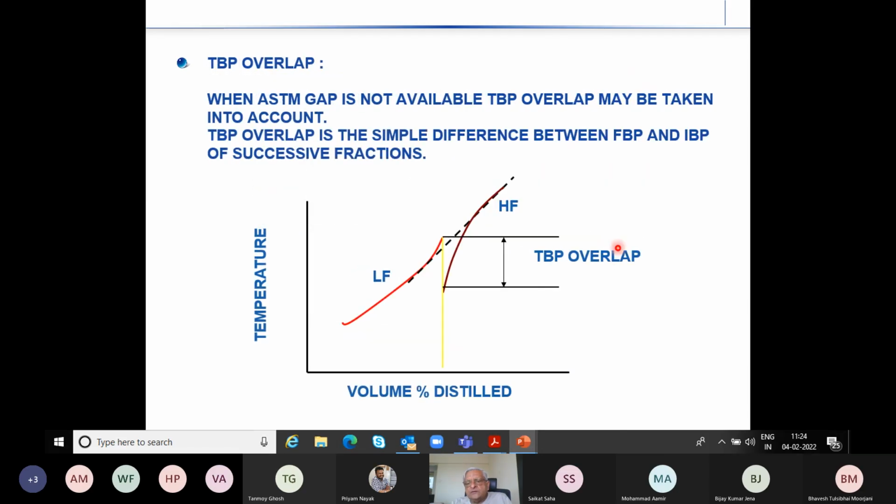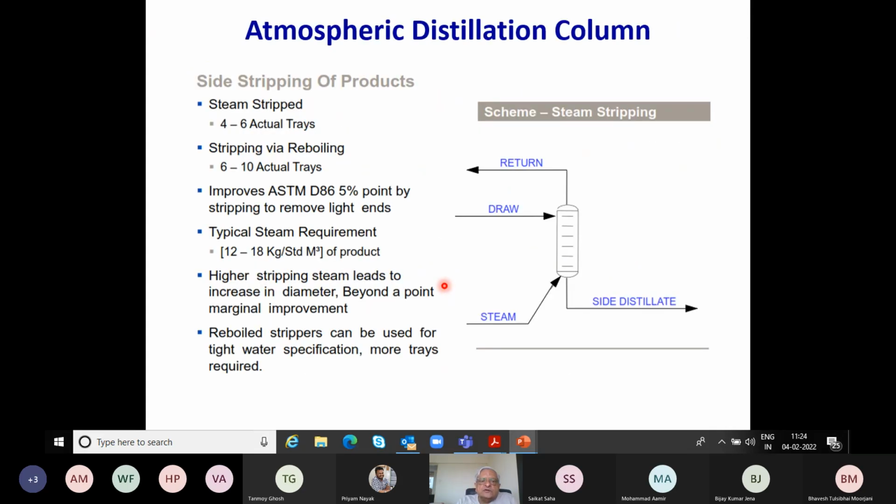The TBP overlap is defined as the simple difference between the final boiling point of the light fraction and the initial boiling point of the heavy fraction.